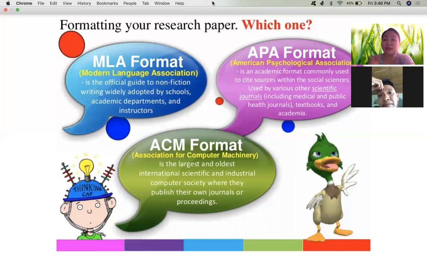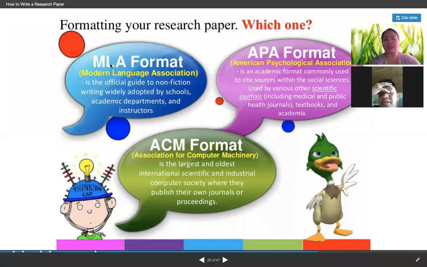Ma'am, asa no address, ma'am? Ako na siyang gi-send sa group chat. Then i-click po doon yung mga references. Okay, ma'am. Thank you, ma'am.